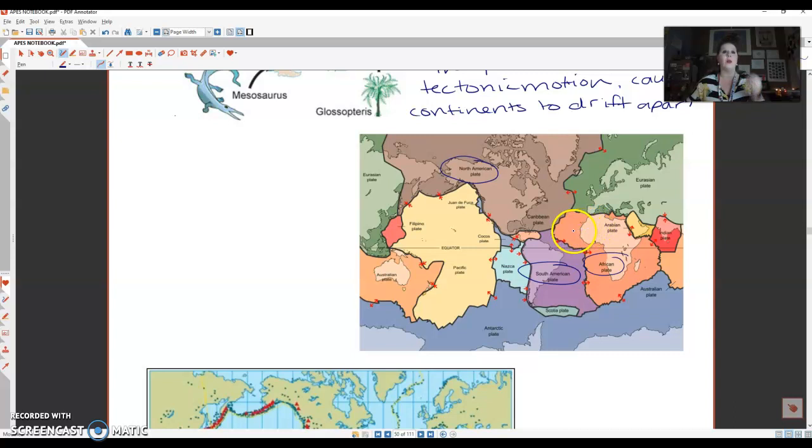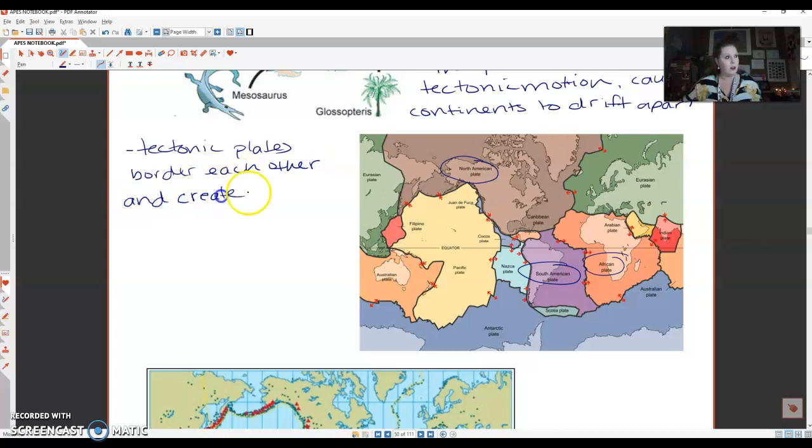So that means that they're going to interact with each other. So tectonic plates border each other and create boundaries.